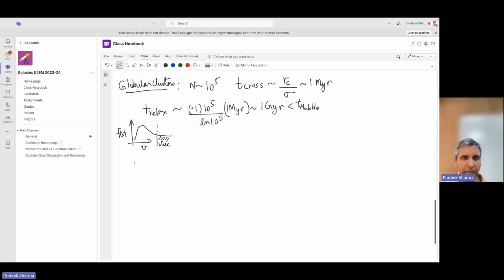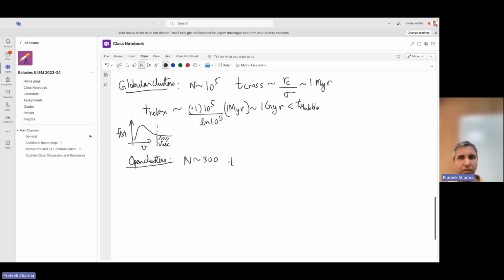So, say open clusters. What are open clusters? Open clusters are these young star-forming clusters like the Pleiades and others, and they have a much smaller number of stars, about 300 stars.